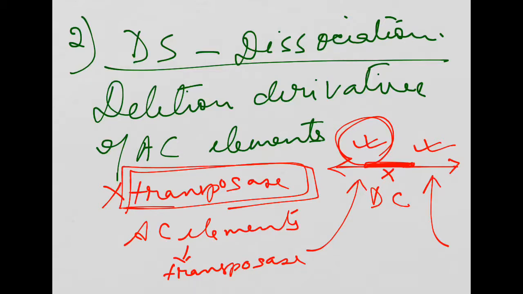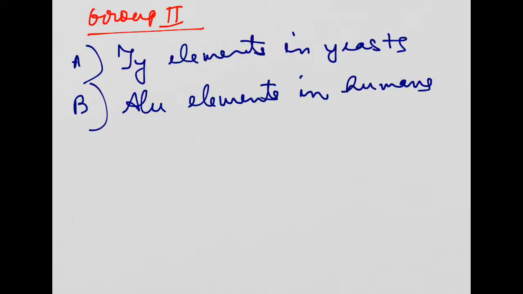So this is all about your group 1 eukaryotic transposons. The group 1 eukaryotic transposons have a structure completely similar to IS elements. Group 2, the examples of group 2 are Ty elements in yeast and Alu elements in humans. They move by the replicative process.